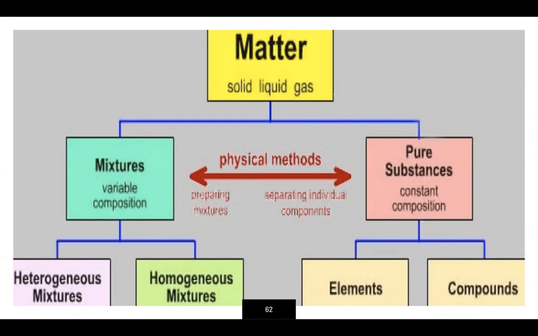You've probably heard of both. A mixture, like trail mix, is just various components. Mixtures then become heterogeneous mixtures and homogeneous mixtures, and elements and compounds for pure substances.